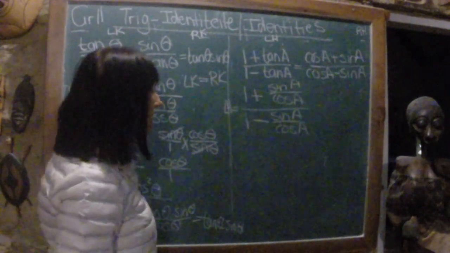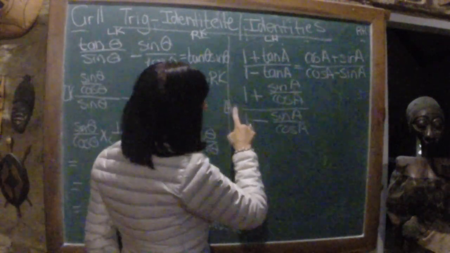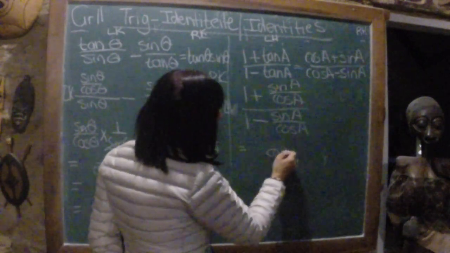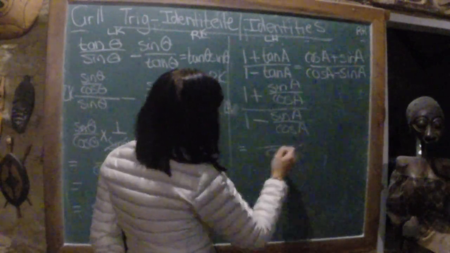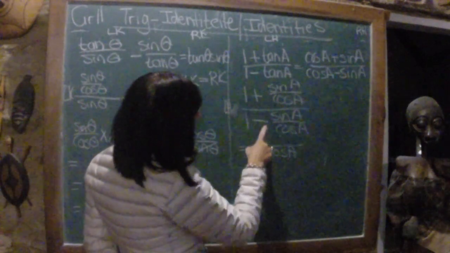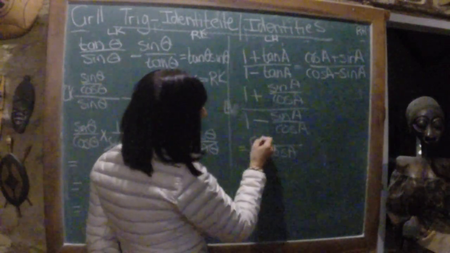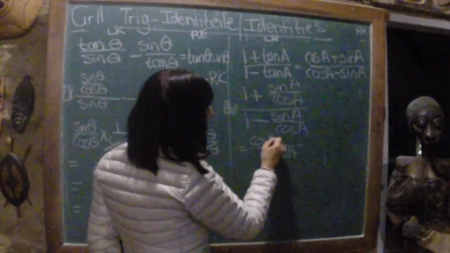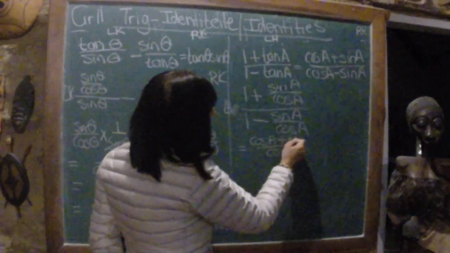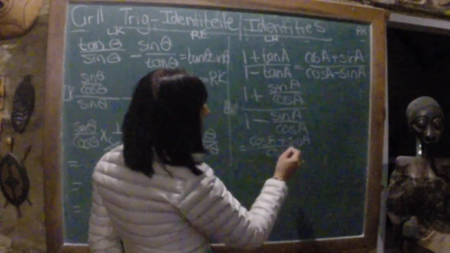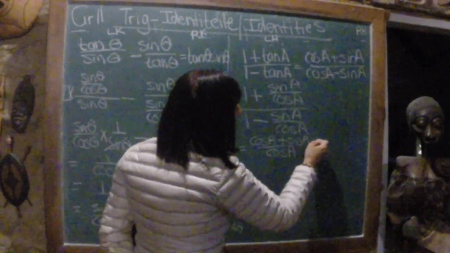Let's get it on the same denominator. Same denominator. Bo het ek vir cos A. Wat het ek gedoen om cos A onder die lyn te kry? Ek het bo ook gemaak met cos A plus sin A. That's the top.